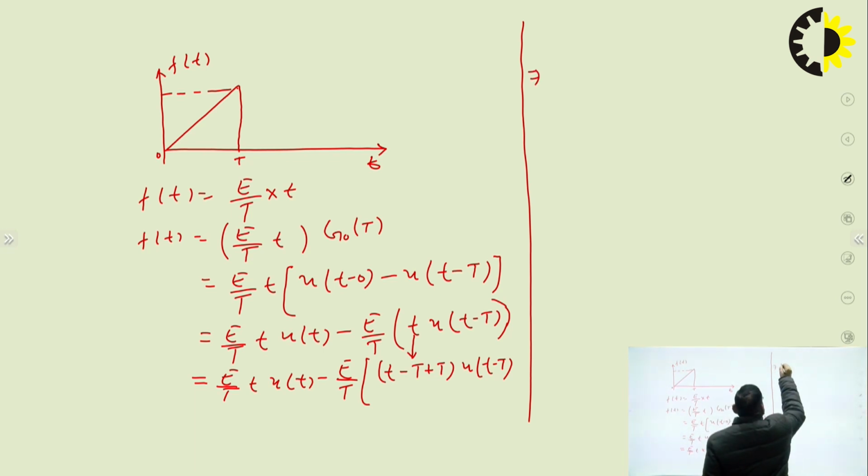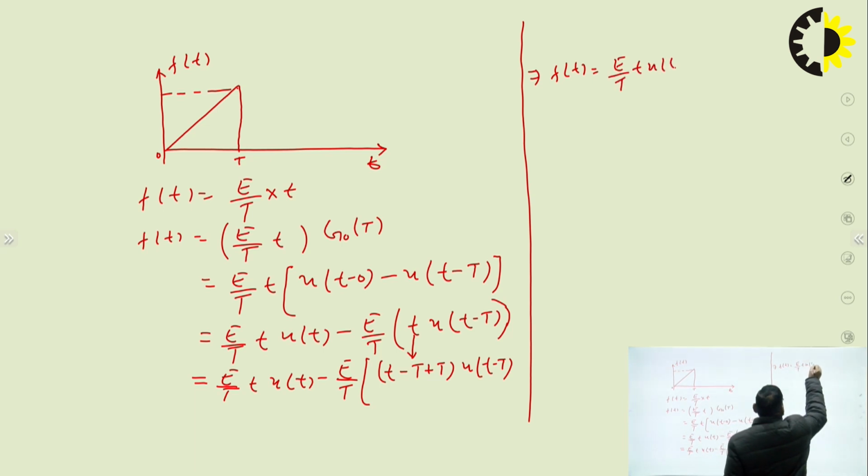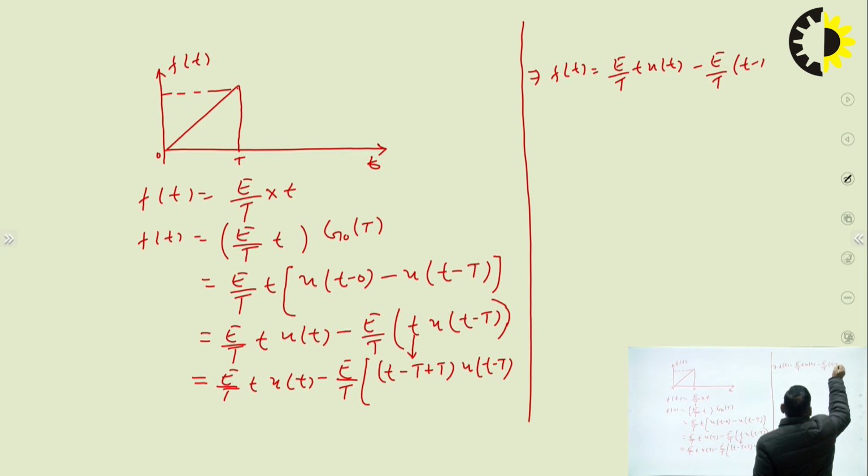So f(t) is equal to (E/T)t u(t) minus (E/T)(t minus T) u(t minus T), minus (E/T) into this T, u(t minus T).